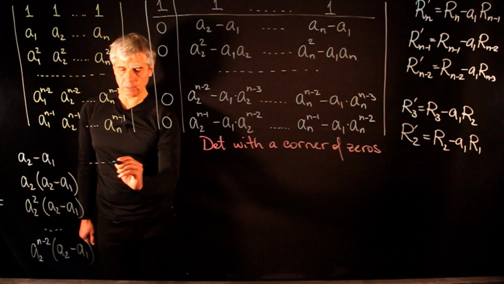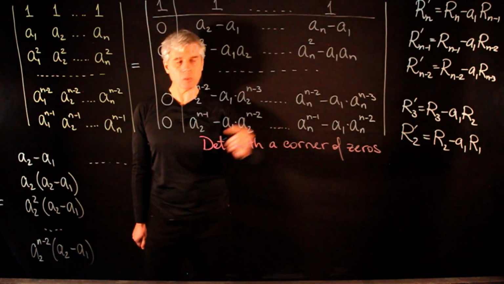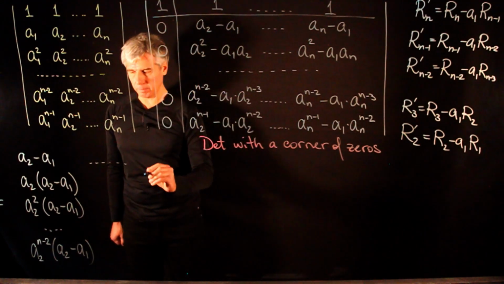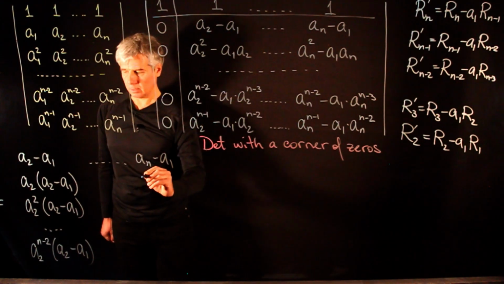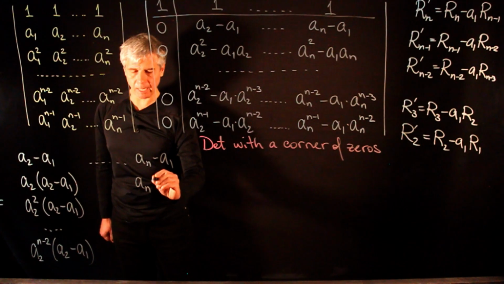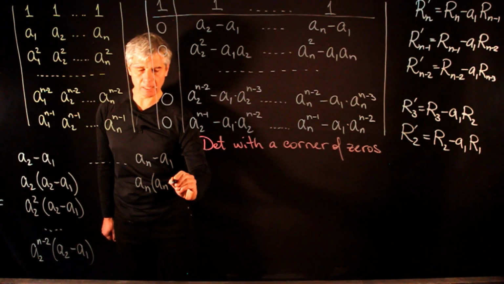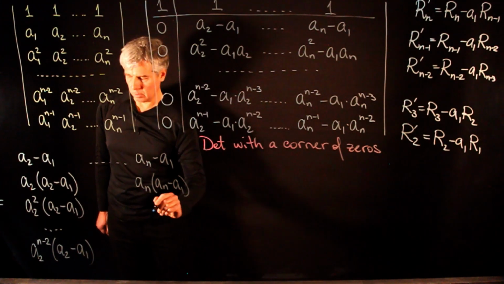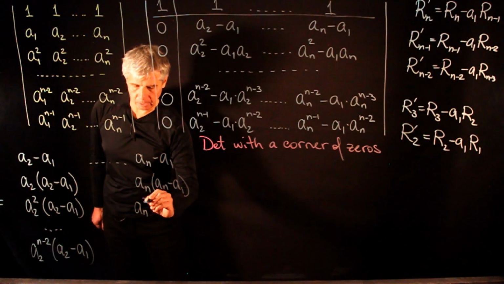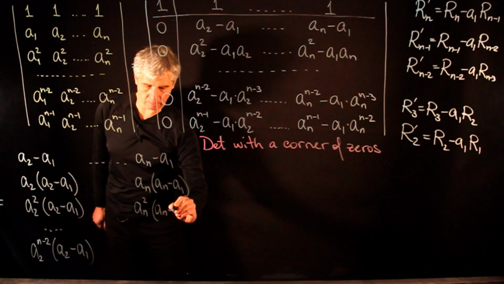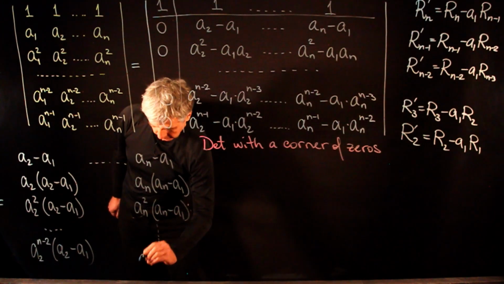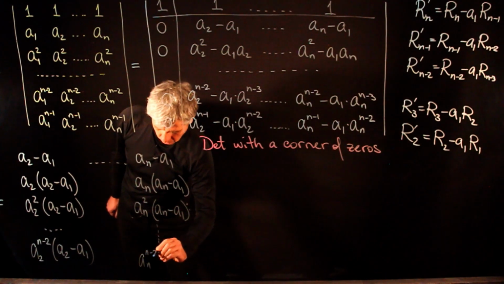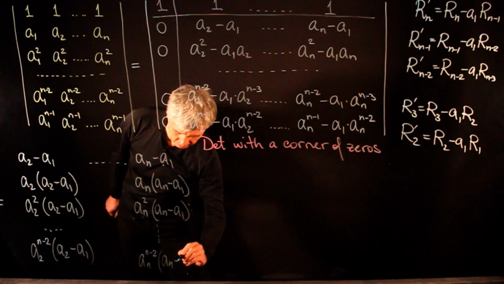And so the last column of this matrix will be AN minus A1, then AN times AN minus A1, then AN squared times AN minus A1, dot, dot, dot, and AN to the n minus 2 times AN minus A1.